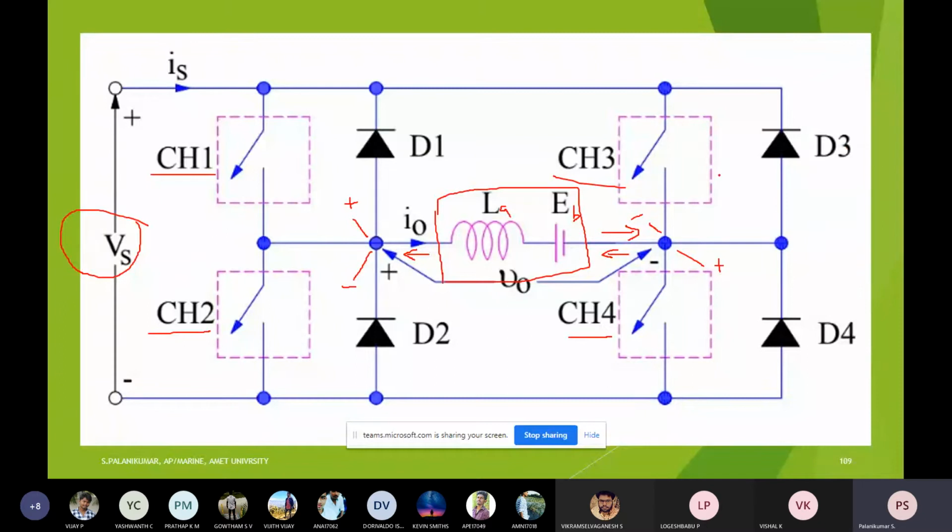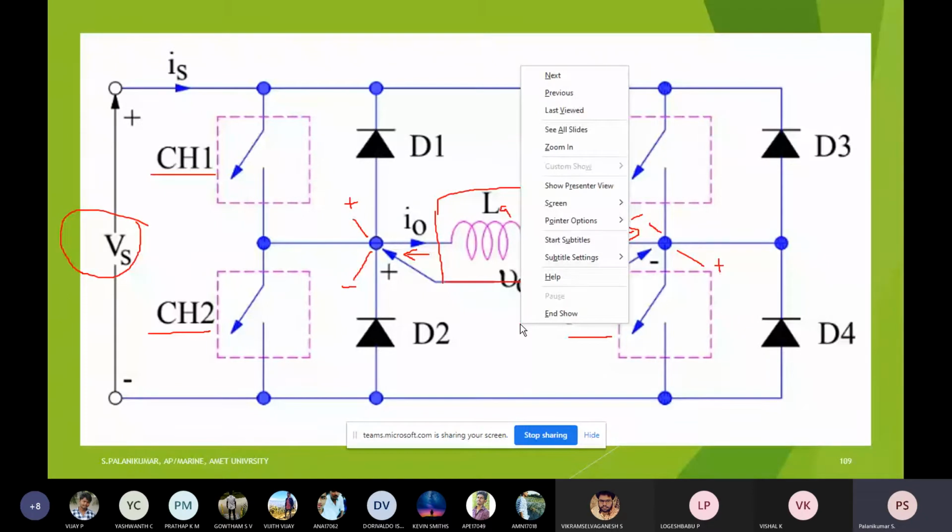Parallel to chopper 3 I have connected another diode, D3, and parallel to chopper 4 another diode, D4. Whenever there is a transition from one quadrant operation to another, these devices will be forward biased. They take care of the continuous current, keeping the current in the same direction when the quadrant operation changes.